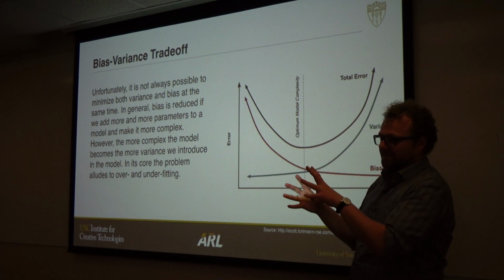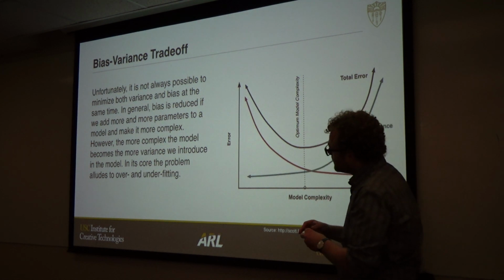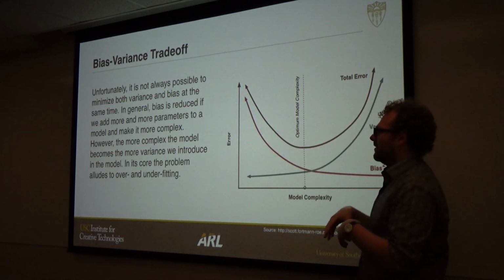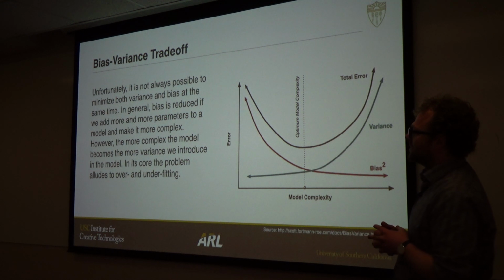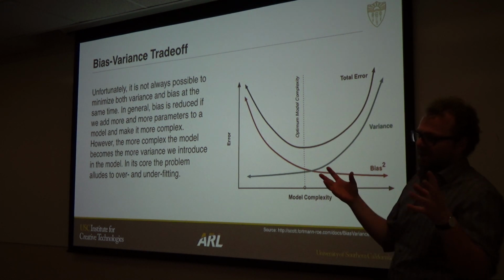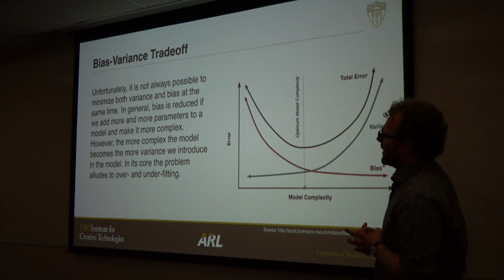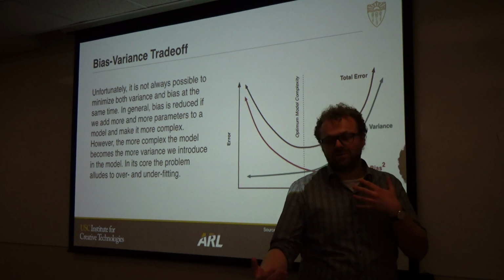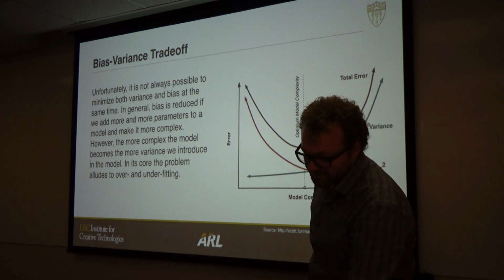So that is reducing the bias. However, complex models become more intolerant towards variance, so the noise has a large impact on them, and this is the core of the problem that alludes to overfitting and underfitting.